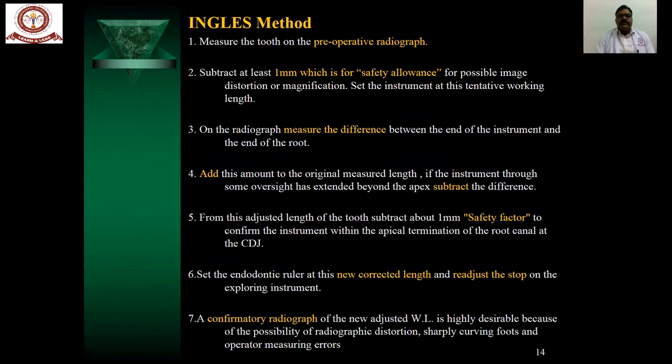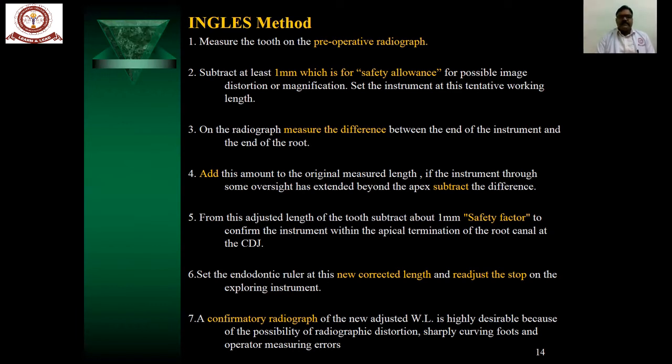So here we are going to discuss Ingle's radiographic method. First, you have to measure the length of the tooth in a preoperative radiograph. This will give a rough idea about your working length.